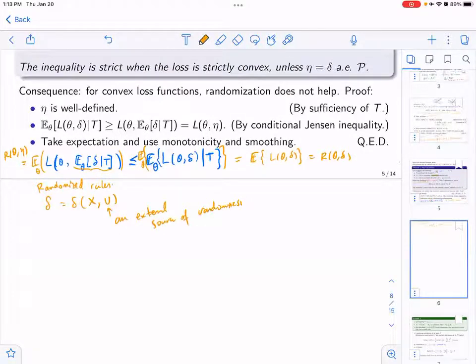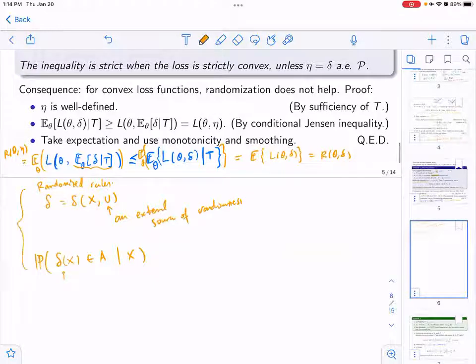Another way of saying it is that you can think of delta of x as being random, and the rule just specifies the distribution of this. So given x, there is randomness, but you specify the chance that delta of x is in some interval.